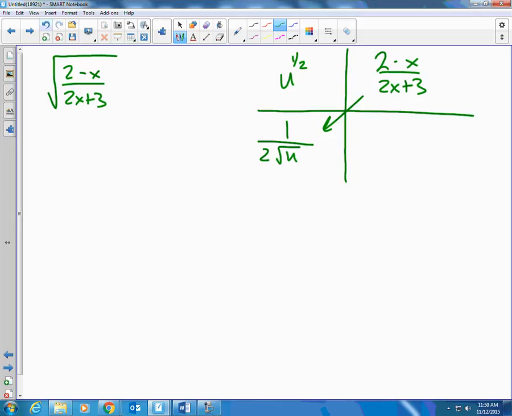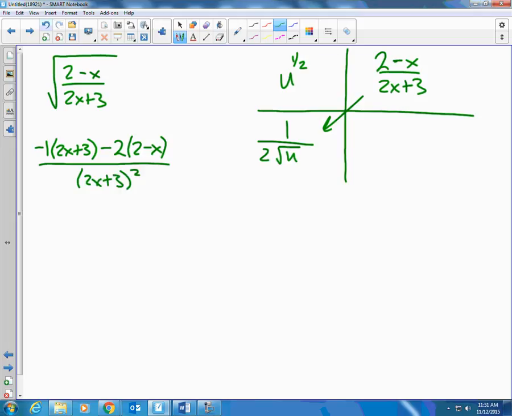Okay, how do I find out the derivative of 2 minus x over 2x plus 3? Quotient rule, right? What's the derivative of the top? Negative 1 times the bottom left alone, 2x plus 3. Minus, what's the derivative of the bottom? 2 times the top left alone. 2 minus x, all over 2x plus 3, that quantity squared.